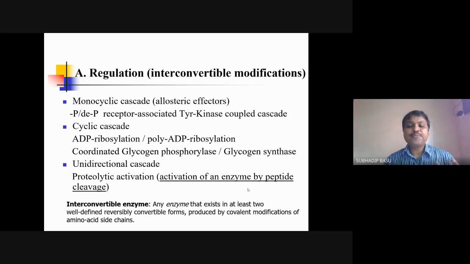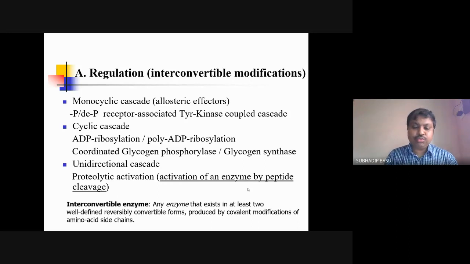Like one enzyme, after a specific type of post-translational modification, takes another enzyme form, and that is a stable form, and then again you have some post-translational modification on that enzyme, and then it comes back to the original enzyme.